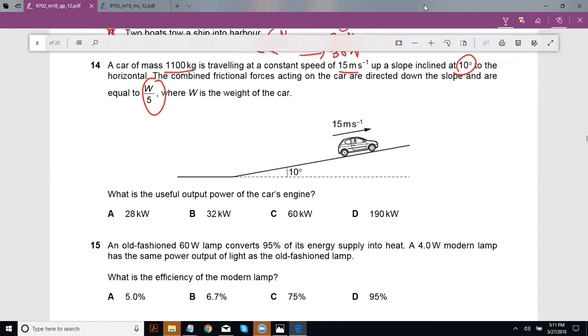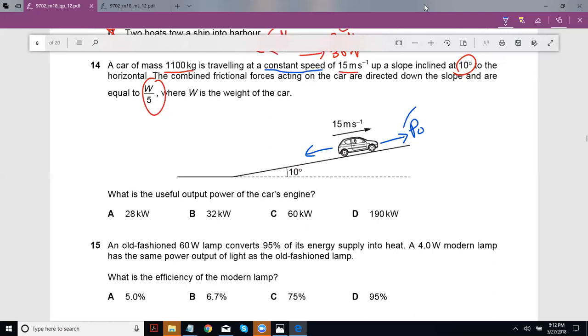So here we know that it's traveling at constant speed, which means whatever power output pushes the car up the slope is useful power output. The wasted one would be stuff like heat and sound.